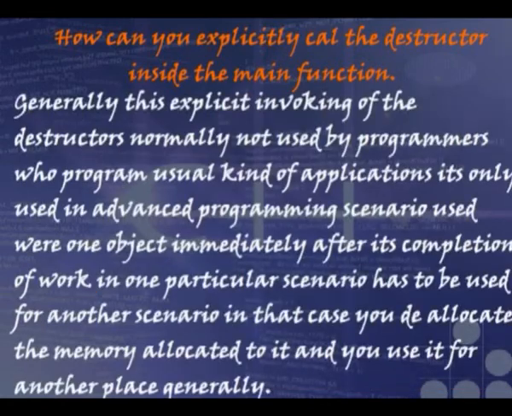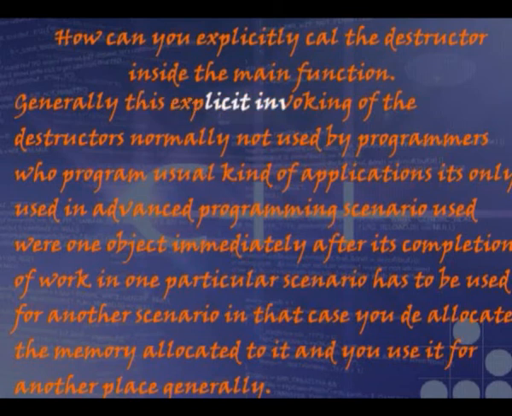Generally, this explicit invoking of the destructor is normally not used by programmers who program usual kinds of applications. It is only used in advanced programming scenarios where one object, immediately after completing its work in one particular scenario, has to be used for another scenario. In that case, you deallocate the memory allocated to it and you use it for another place.